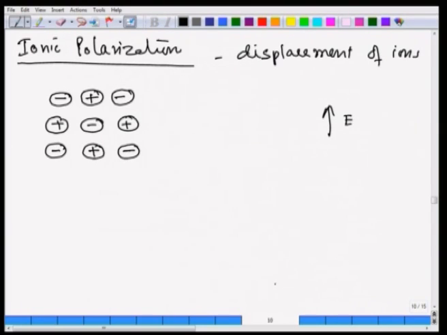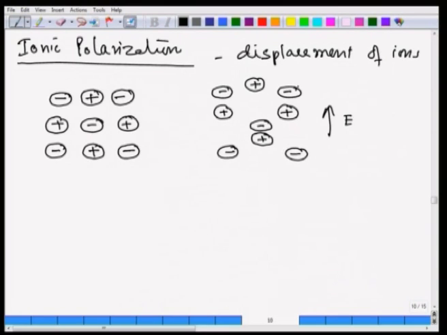What happens in this case? If you apply the electric field in this direction, positive charges are going to move and negative charges are going to move. So, if I draw this, this is a positive charge which has displaced slightly, and a negative charge which has come here, and a positive charge which has moved away, and a positive charge moved here, and a negative charge which is here.